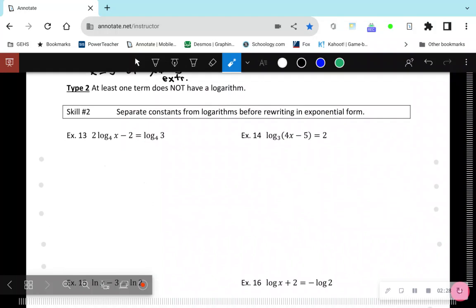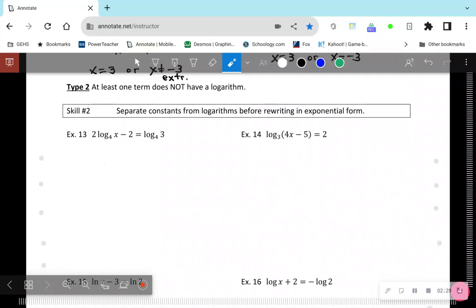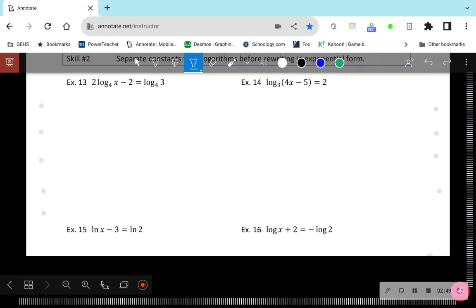All right, type 2. Type 2 problems have at least one term that does not have a logarithm. So I'm going to highlight that on these first two problems. This minus 2 there does not have a logarithm associated with it. Likewise over here there's a 2, and maybe I can take a sneak peek at the next two problems here.